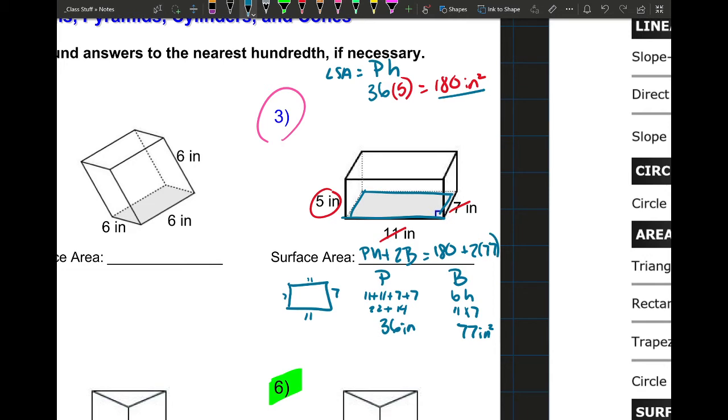And 2 times 77 gives me 154. So my total surface area is going to be 180 plus 154. And when I add those two, I get 334 inches squared. This is my total surface area.